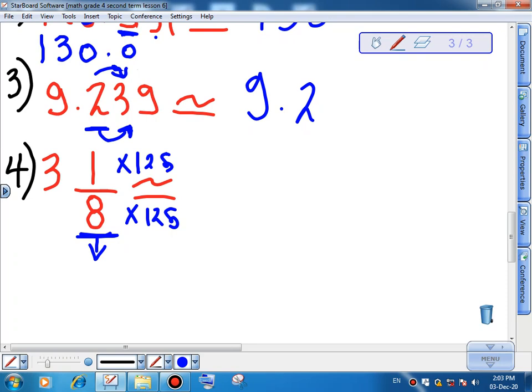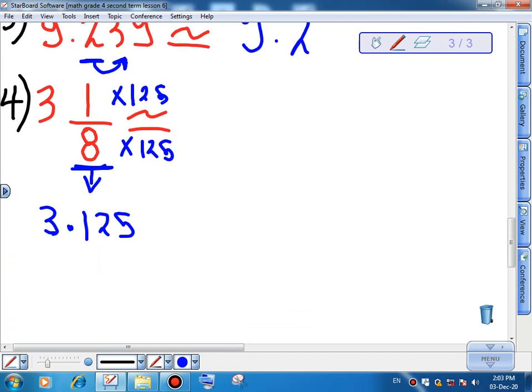We know that 1 over 8 is equal to 125 over 1000, which is 0.125. And the whole part will be the same thing. 3 will be 3. Now can I approximate to the nearest tenth? Look at the tenth. Where is the tenth? It is 1. After 1, the hundredth place is 2, not 5. 2 is a weak number, so it will do nothing.